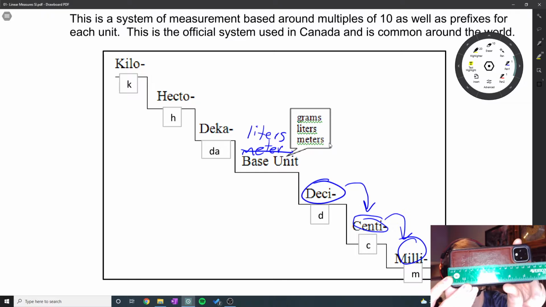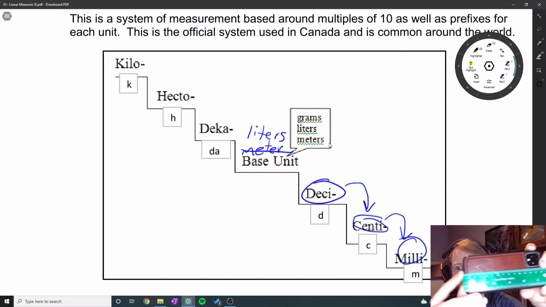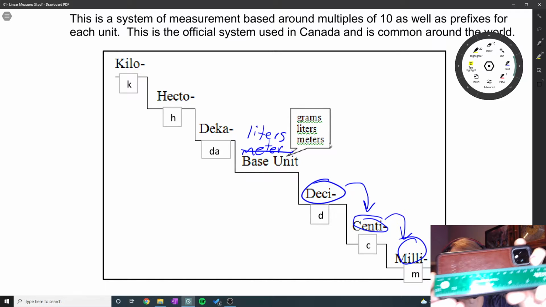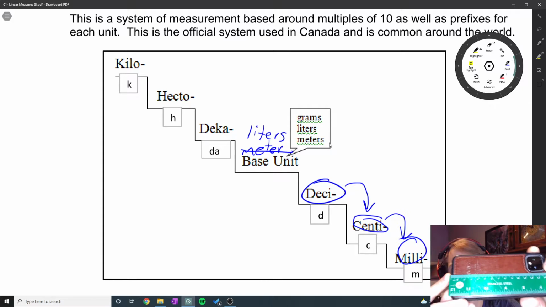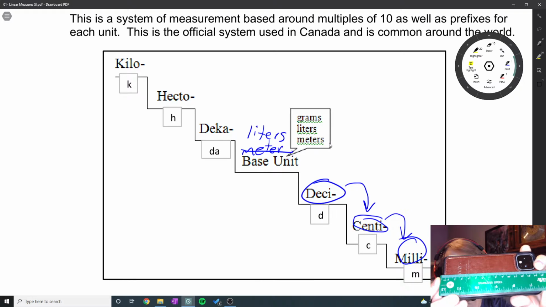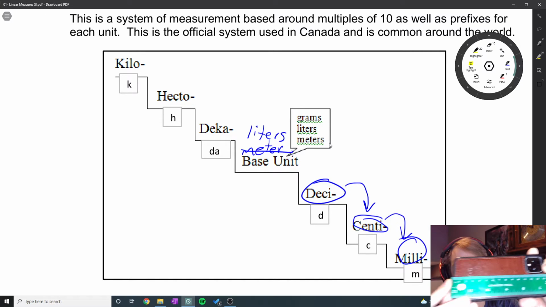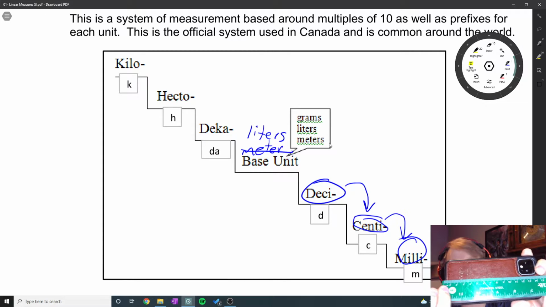My phone, if we're measuring it from the top here, I know it's going to be kind of awkward to see, but it's about 15 centimeters across. If we were to count up each one of these, it'd be 1, 2, 3, 4, etc. If we wanted to measure it in something 10 times bigger than millimeters, that would be decimeters.